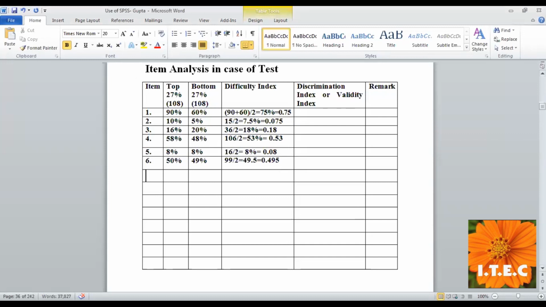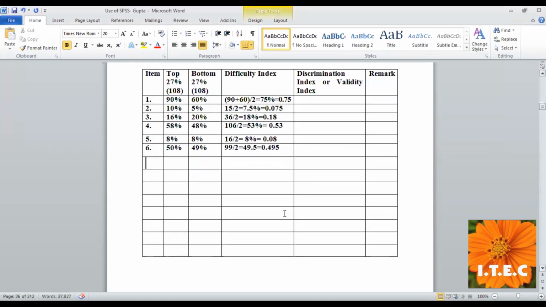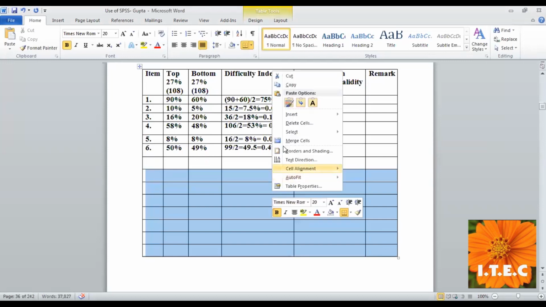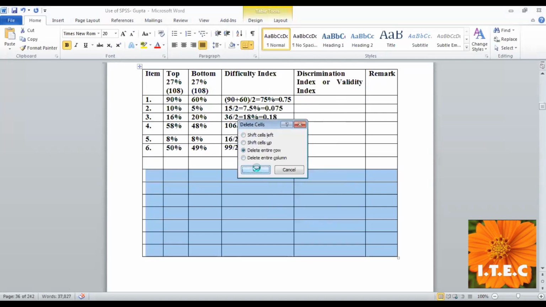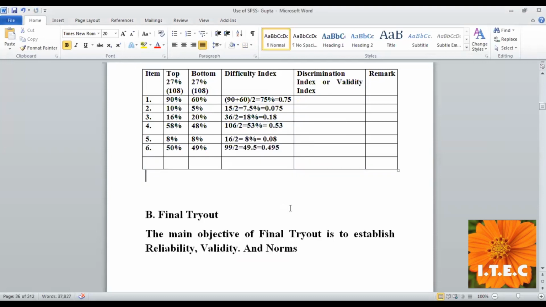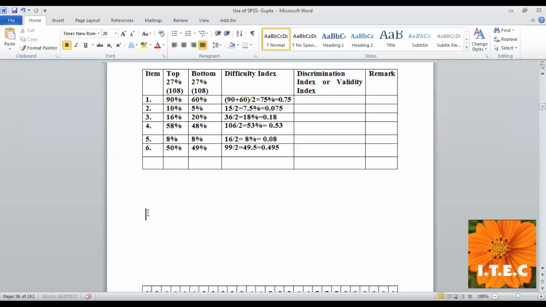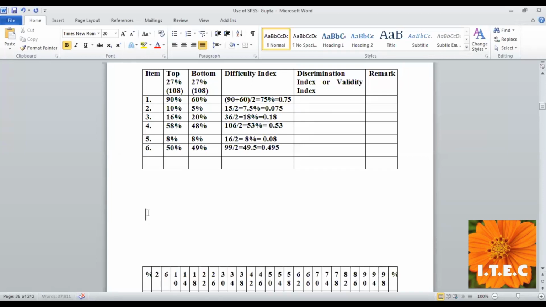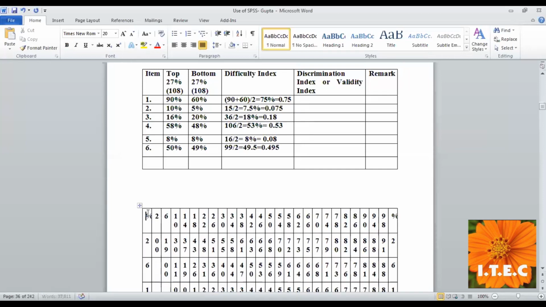Now, how to find out the discrimination index. So let me tell you how to find the discrimination index. For finding the discrimination index, I have the table, and this is the table, my dear friend.